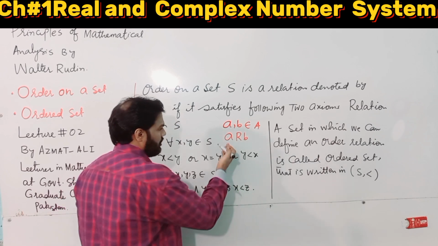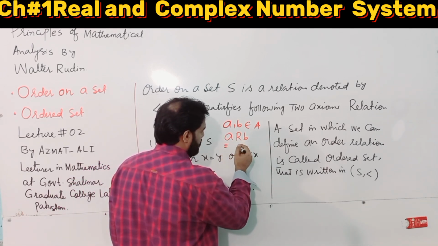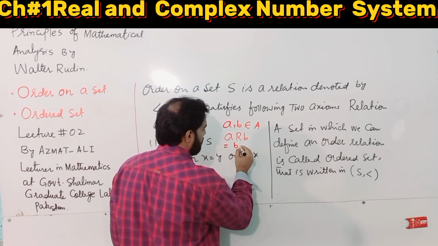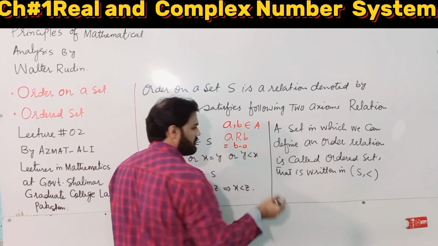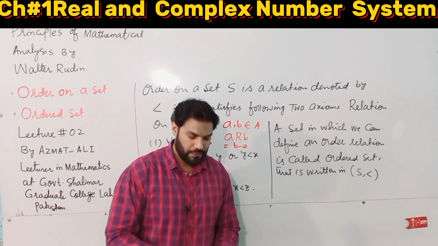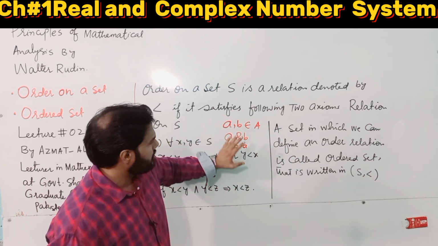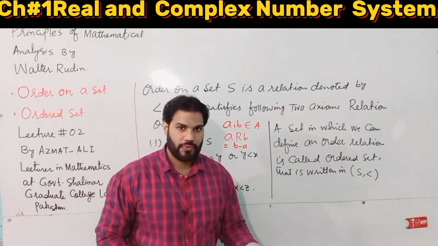For example, we say A is related to B if B minus A is divisible by 6. So here R is used as a relation.